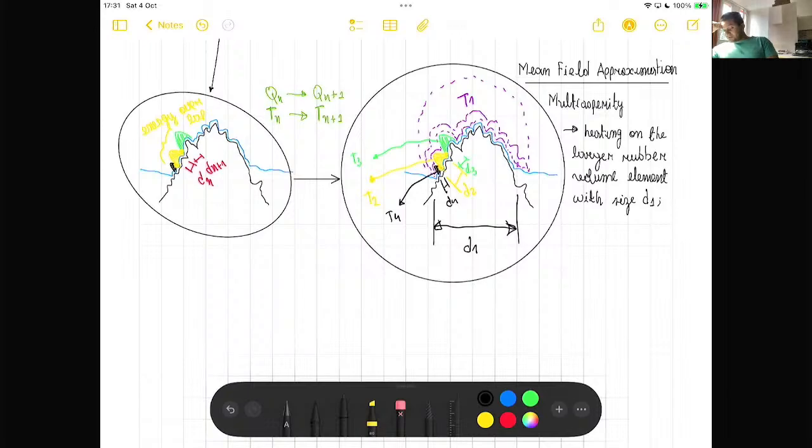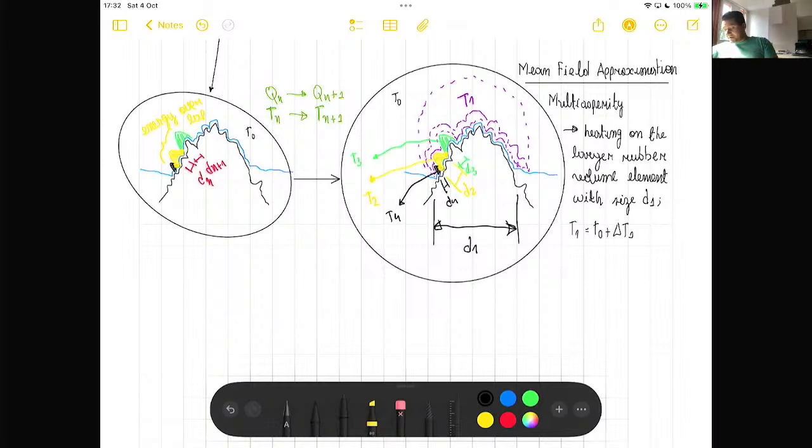If T0 denotes the background temperature, T0, then the flash temperature in the large volume element will be higher. So the flash temperature T1 will be T0 plus delta T1, the variation on T1.